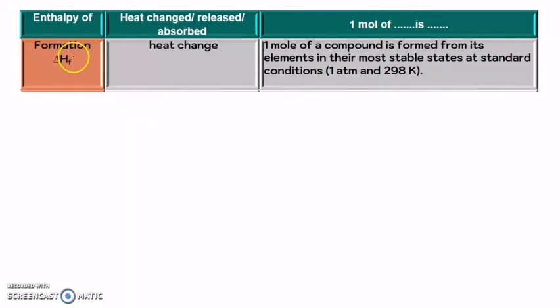Enthalpy of formation with the symbol of delta HF is the heat change. It is heat change means it can be negative or it can be positive value. When 1 mole of compound is formed from its elements in their most stable states at standard condition. Take note about the word elements.